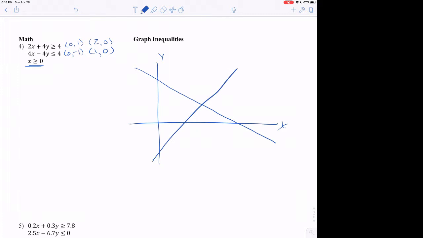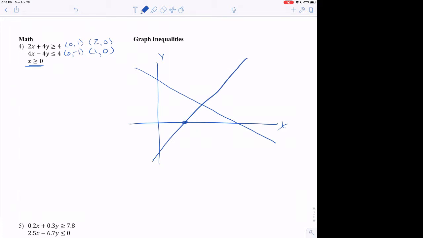So I'm going to go over here. If I put my pencil back, and I'm only looking at, yikes. So I'm looking right here. So here's x, here's y. So I have this one, and I have this one.